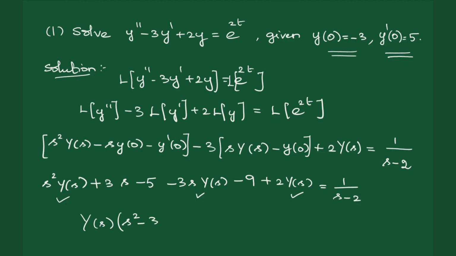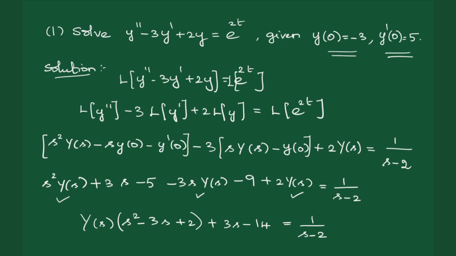So s square minus 3s plus 2, close the bracket. Apart from this, what we are having here is plus 3s minus 14, minus 5 minus 9, is here, right? So this is the left hand side term, which is equal to the right hand side, 1 by s minus 2.